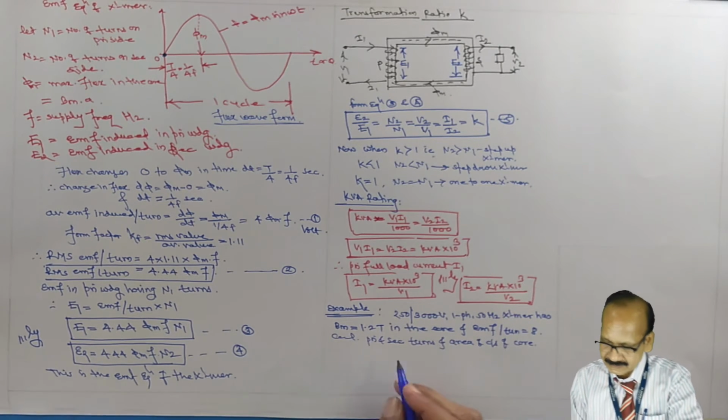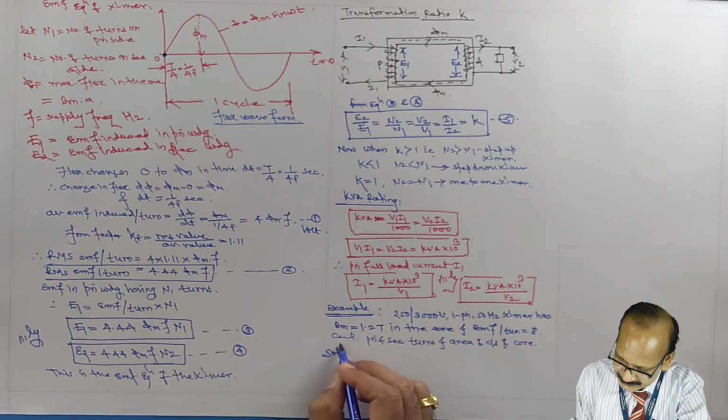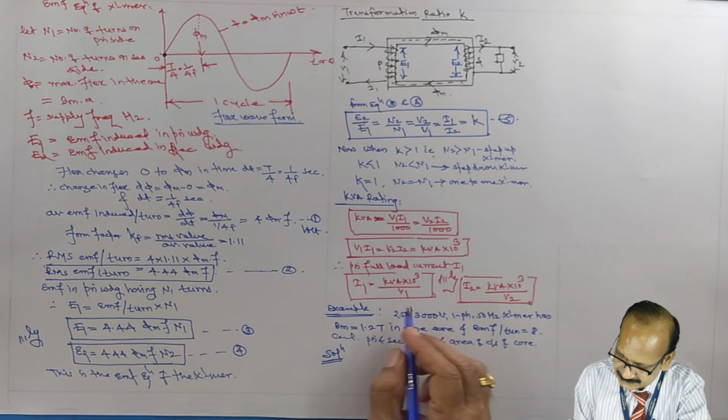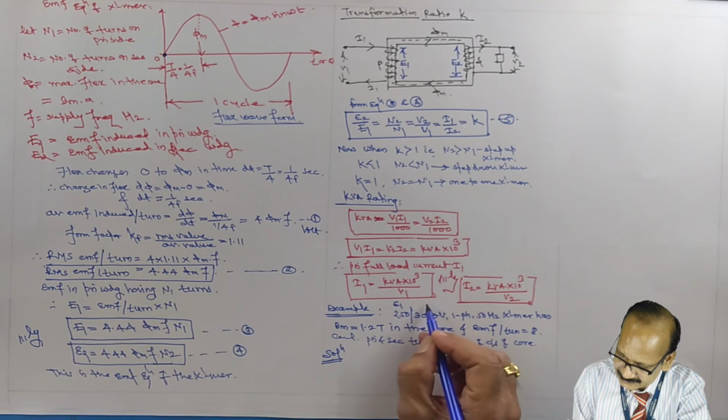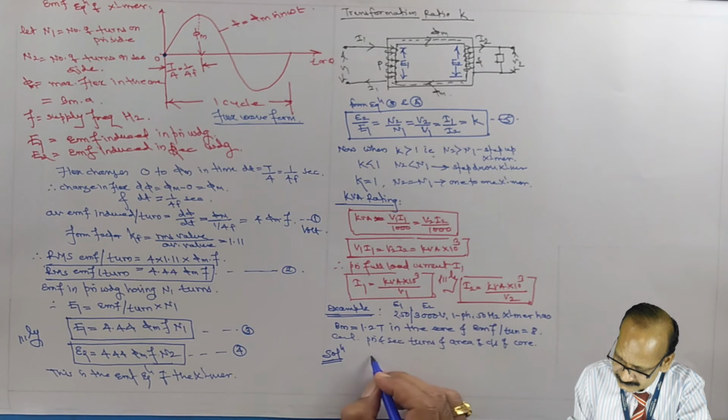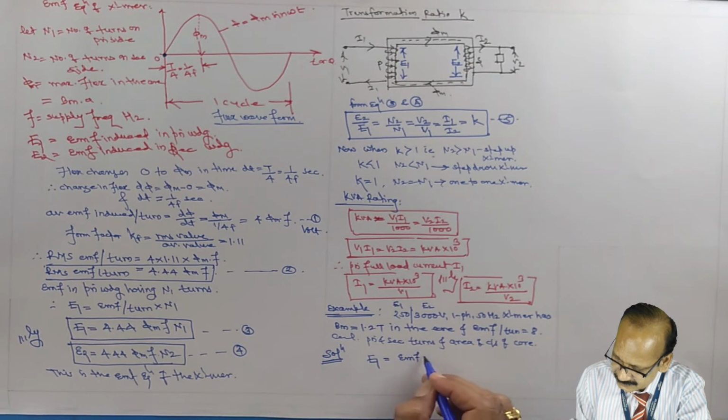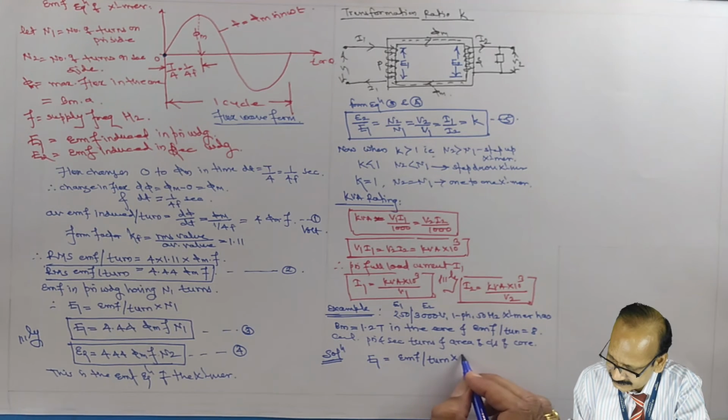Here is the solution. This one is considered as E1, this is E2. E1 is nothing but EMF per turn multiplied by N1, the number of turns.